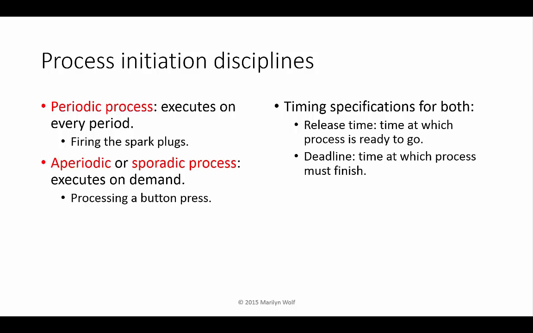But there are also many types of processes we need to handle that don't happen regularly. We refer to these as either aperiodic or sporadic processes. So pressing a button on the dashboard of a car needs to be processed, but we don't need to do that regularly. In both cases, for both periodic and sporadic processes, we can specify release times and deadlines.